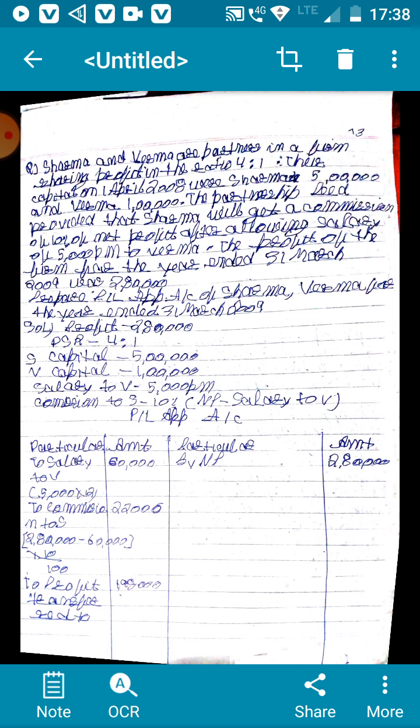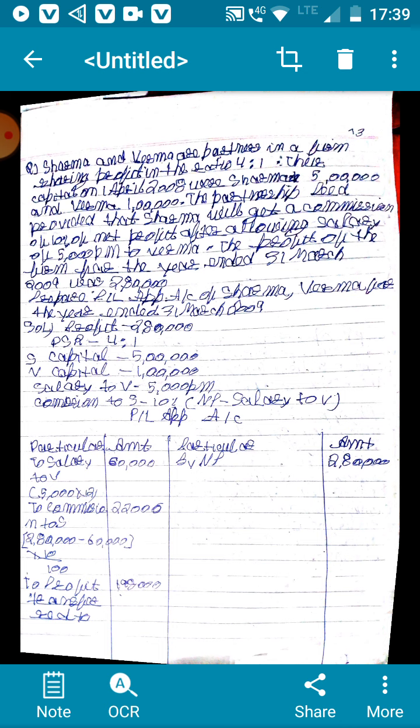Now we can make the profit and loss appropriation account. In the profit and loss appropriation account we write by net profit 2,80,000. We give salary to Balma as 5,000 per month, meaning 5,000 into 12, which is 60,000.